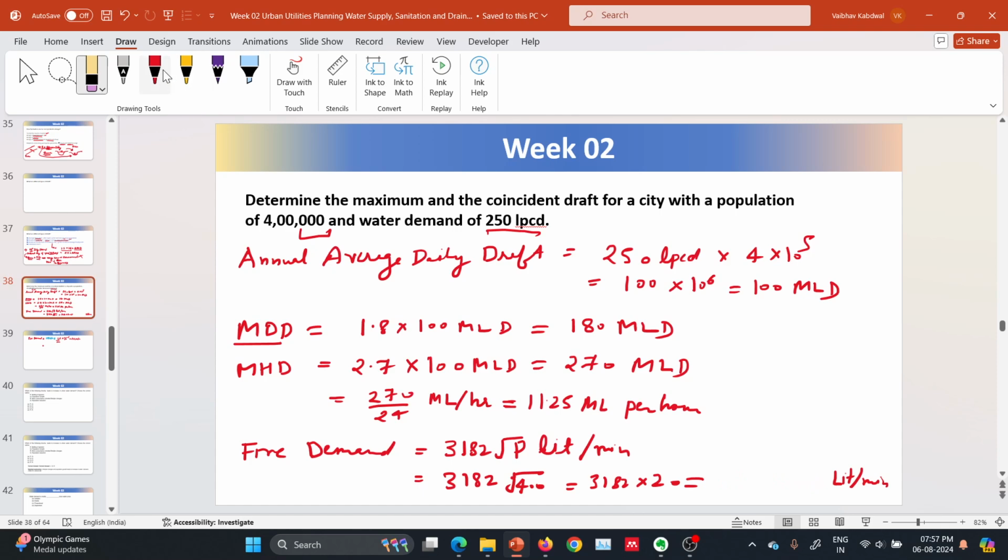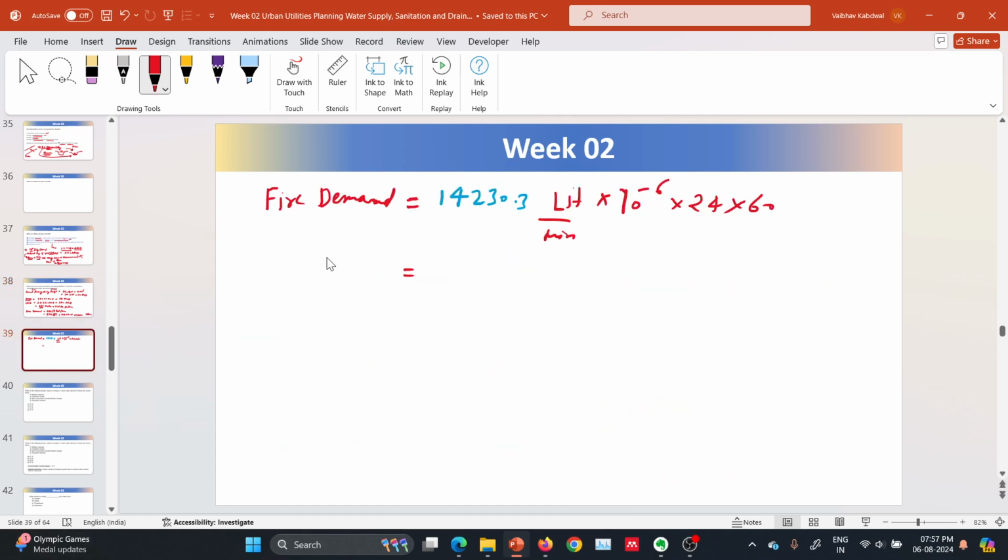If we solve it here, we will get 63640 liters per minute, and then 63640 into 10 to the power -6 into 24 into 60.